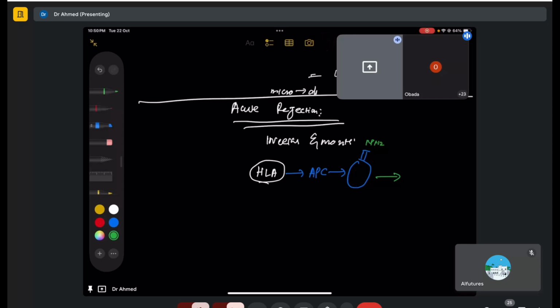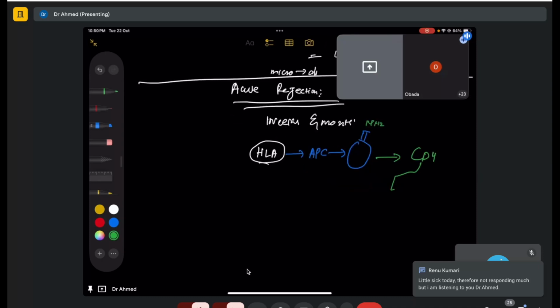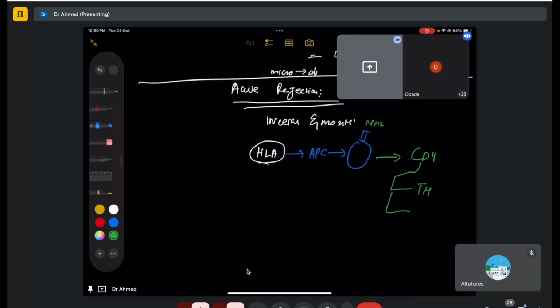Then what happens? Guys, please participate. That will stimulate CD4, and CD8. TH1 response and TH2 response, right? So it can either activate your TH1 or it can activate your TH2 response.